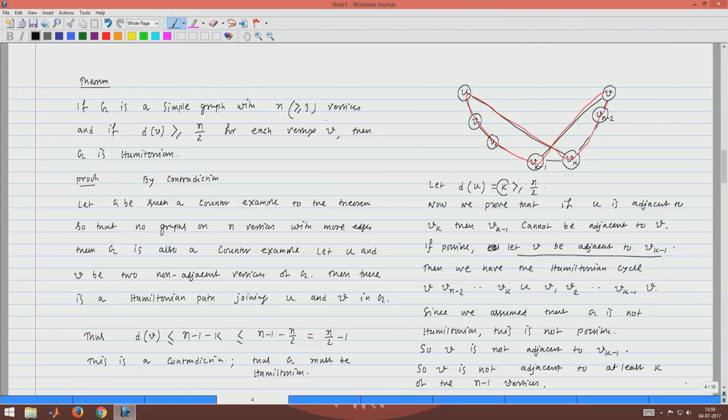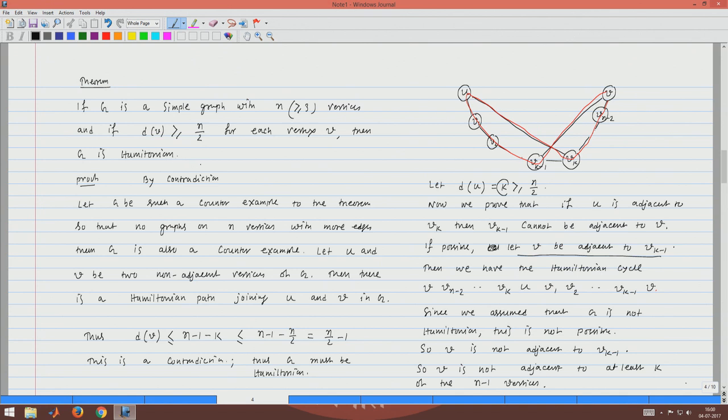So, before I start I just want to recall the theorem that we proved in the second lecture, that if G is a simple graph with n vertices, and if the degree of every vertex is greater than or equal to n by 2, then G is Hamiltonian.